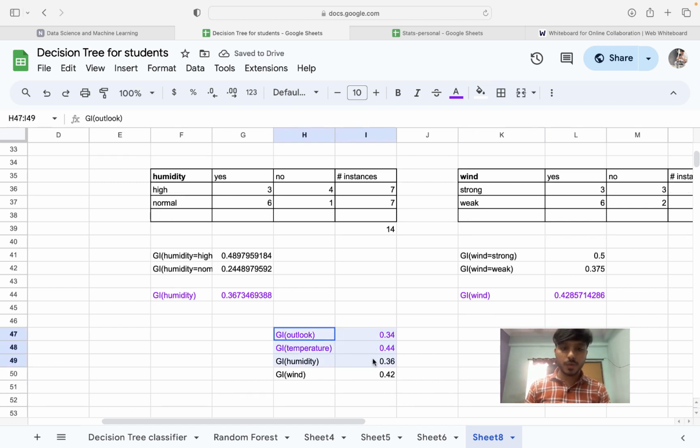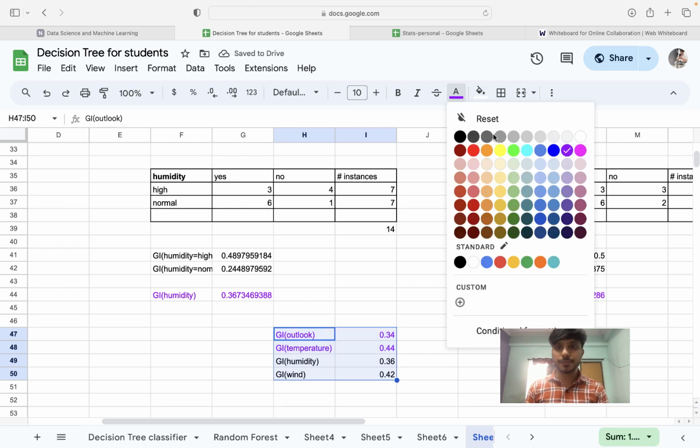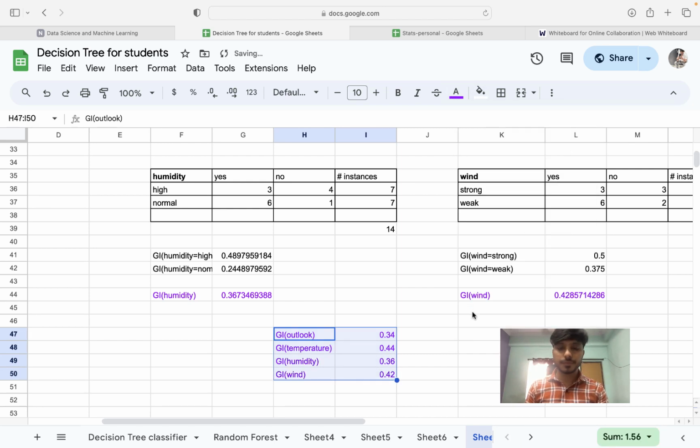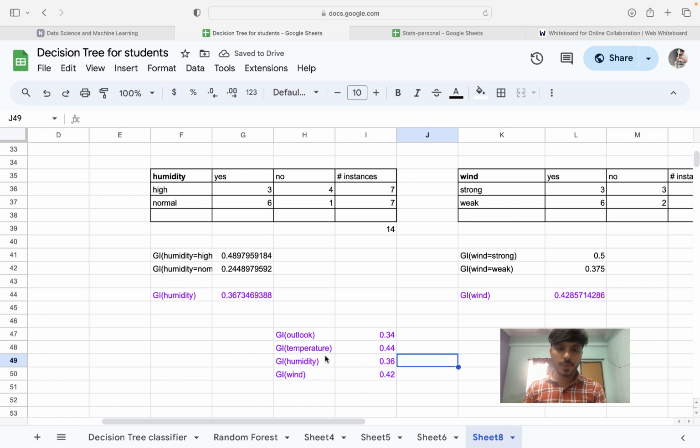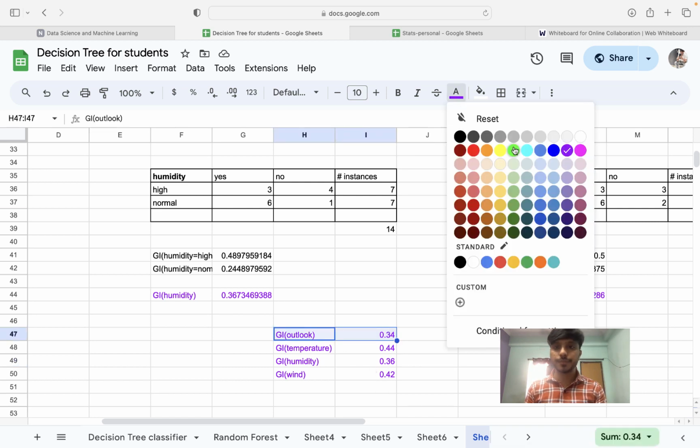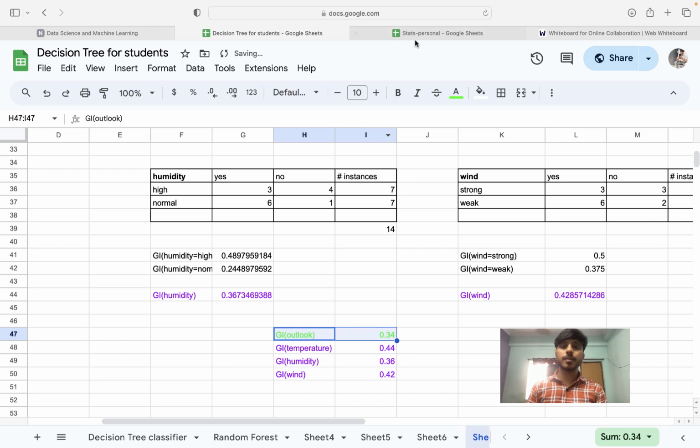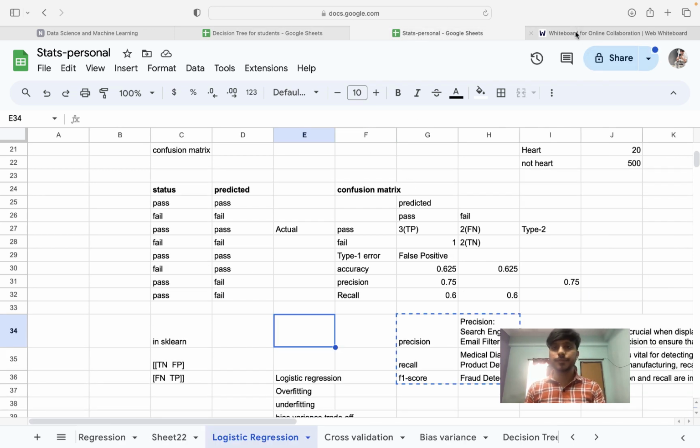So if you see, out of all of them, which one is the smallest? Gini impurity of outlook is smaller compared to the others, hence that is our root node. Okay, so I'll take this node and write it over here.